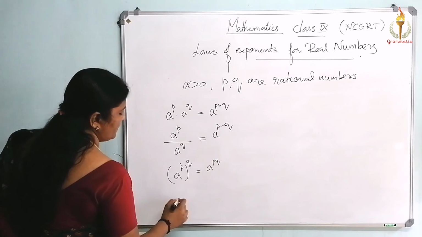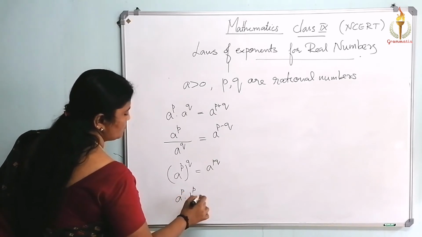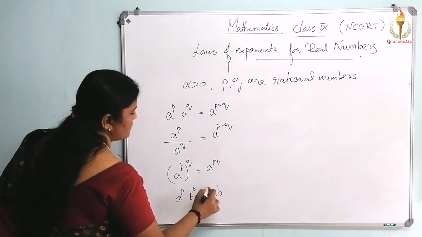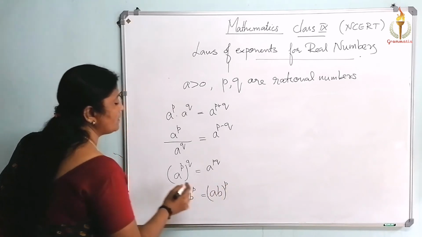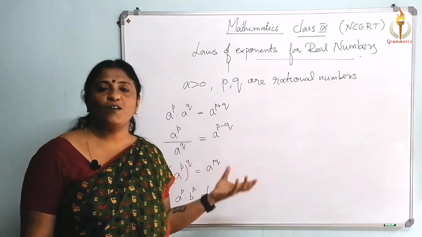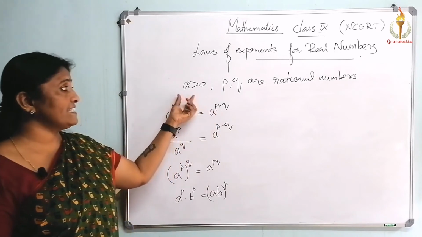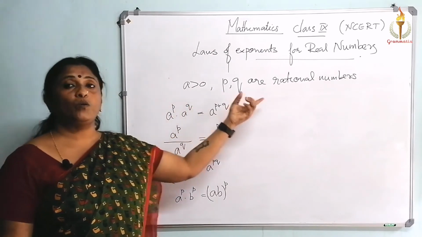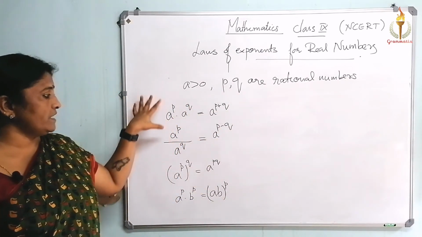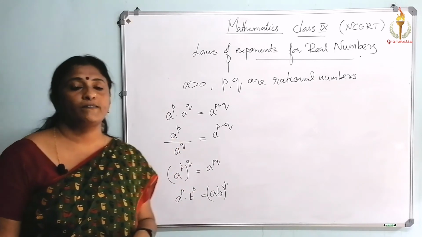And the last one, a raised to p into b raised to p is equal to ab the whole raised to p, where p and q are rational numbers. So these are the laws of exponents for real numbers, that is, a is greater than 0, and p, q are rational numbers. These four laws we will be using to solve the problems.